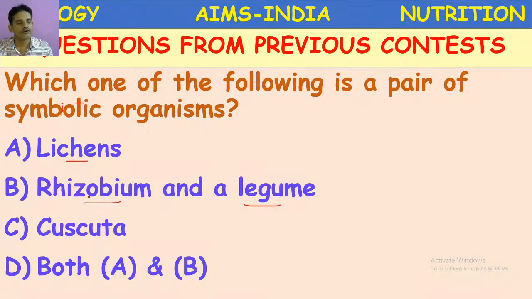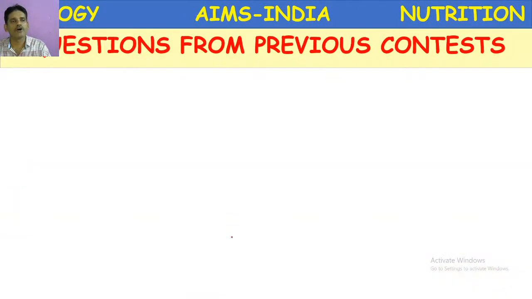So they are also mutually associated. Here bacteria and plant, there fungi and algae. Two different organisms undergoing symbiotic association. Cuscuta is a parasite, not related to this question. So here the correct answer is D. Very good. Most of you are selecting the right option. Keep answering.